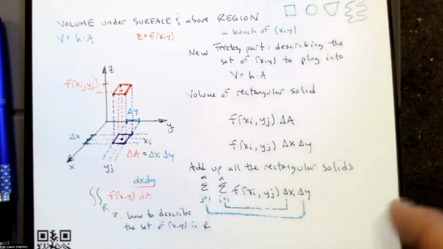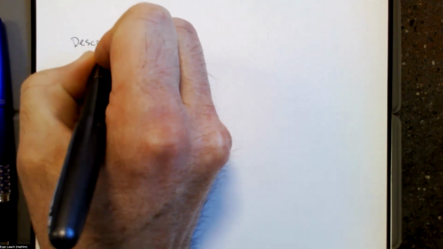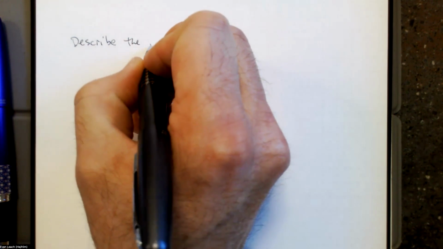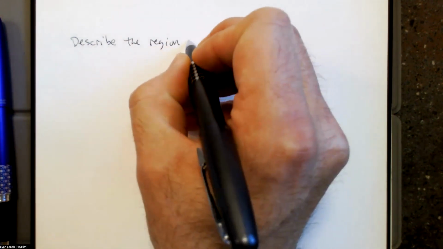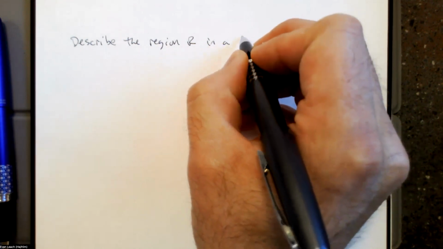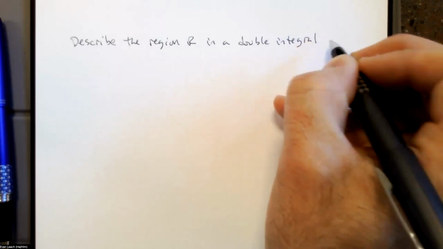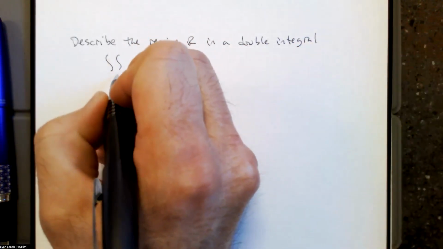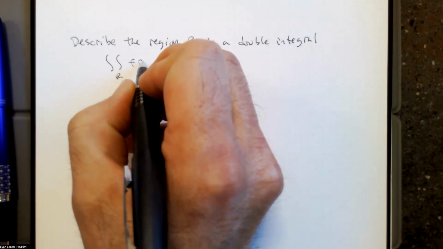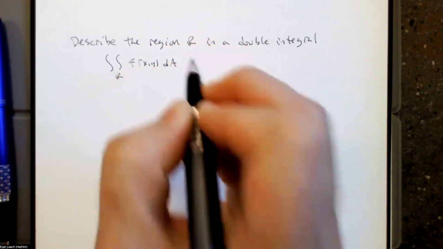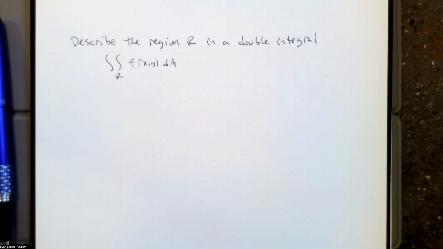So we're going to look at this from the top down. So that R is some region in the xy plane.